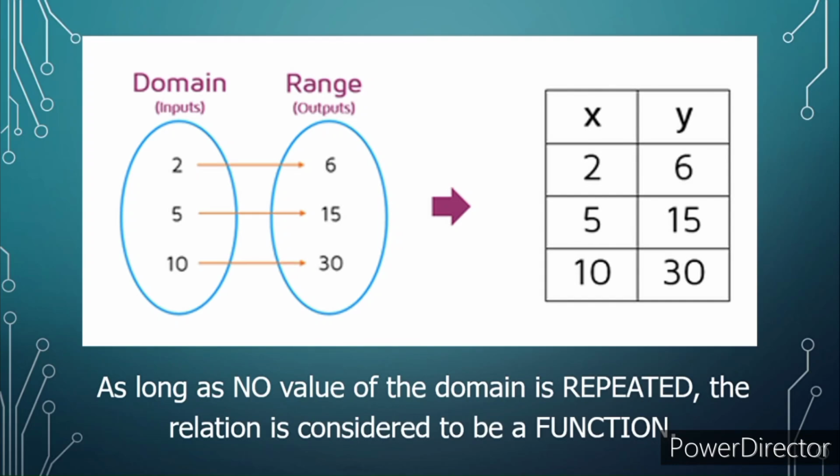Tingnan mo ang ating domain, ang ating X. Meron po bang naulit na number? Wala. Walang naulit. Kapag walang naulit na domain, kinukonsider siya as a function. So meaning to say, that figure is considered as a function. Uulitin namin, kapag walang naulit na value kay X, it is considered as function. Okay, I hope it is clear.